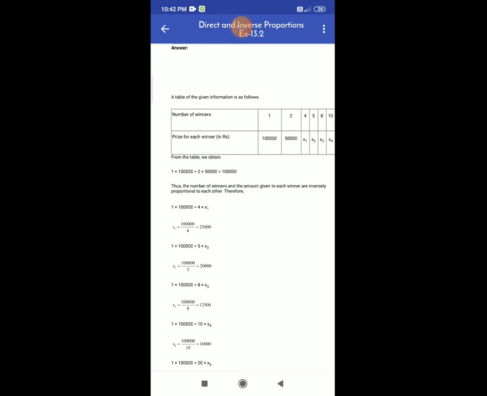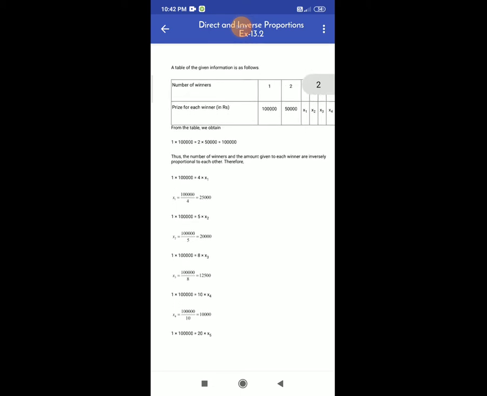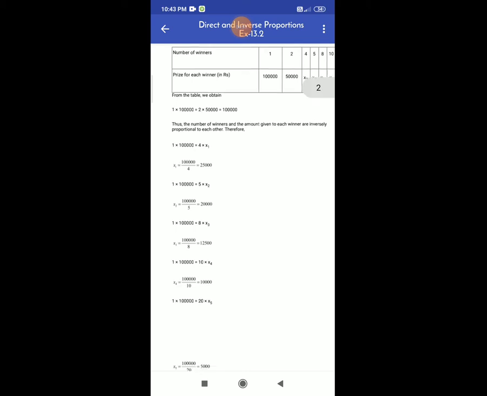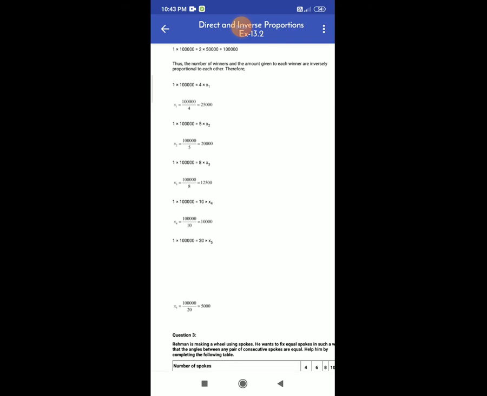In the third case, 1 multiplied by 1 lakh is equal to 8 multiplied by x3, and here x3 is equal to 1 lakh divided by 8, which is 12,500. 1 multiplied by 1 lakh is equal to 10 multiplied by x4, and in this case x4 is equal to 1 lakh divided by 10, which is 10,000. Lastly, 1 multiplied by 1 lakh is equal to 20 multiplied by x5, and therefore x5 is equal to 1 lakh divided by 20, which is 5000.